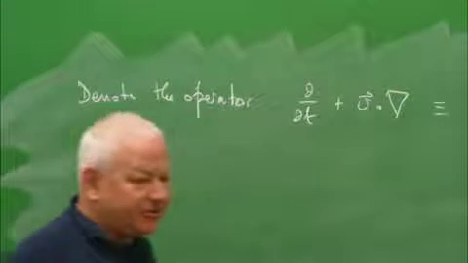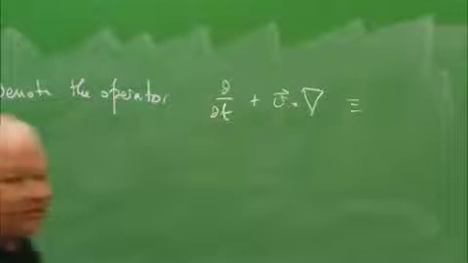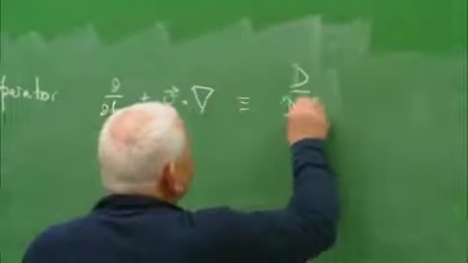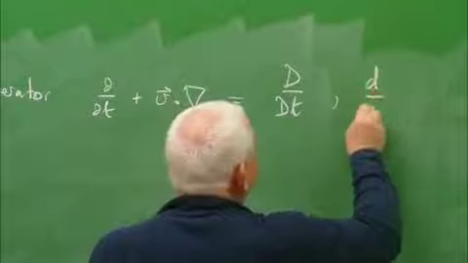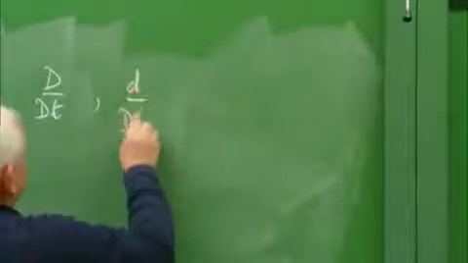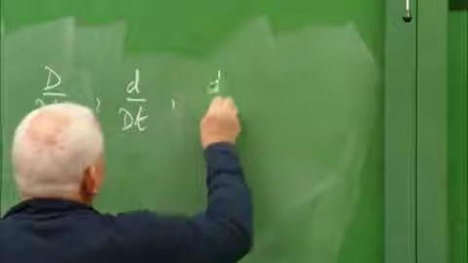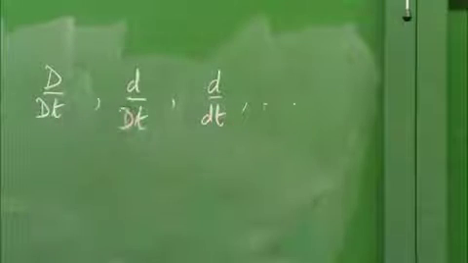Now there are different notations that are used in different books. I will try to use just one notation, but let me warn you that different books have different conventions. So some books call this capital D by capital DT. Other books call it capital D, small d by capital DT. Still other books call it small d by dt, and there are a number of other notations also.